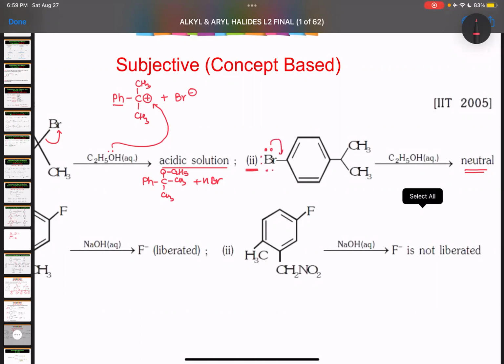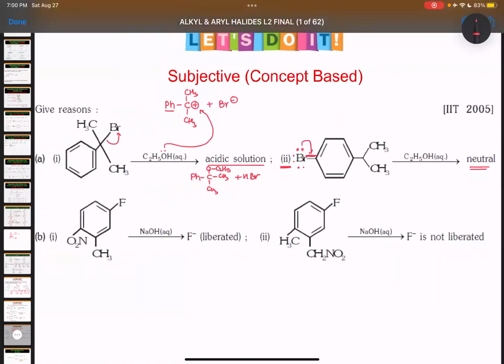Remember what we discussed just now. If the Br is connected directly to the benzene ring, the Br lone pair participates in resonance with the benzene ring, and because of this, the bromine and the carbon acquire double bond character. And if it has double bond character, it is very difficult for a normal reaction.